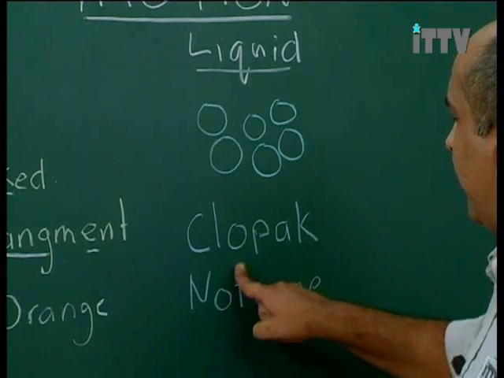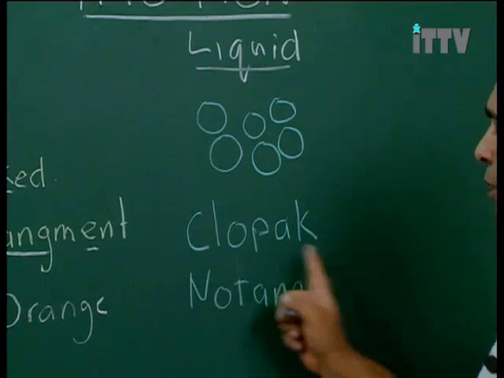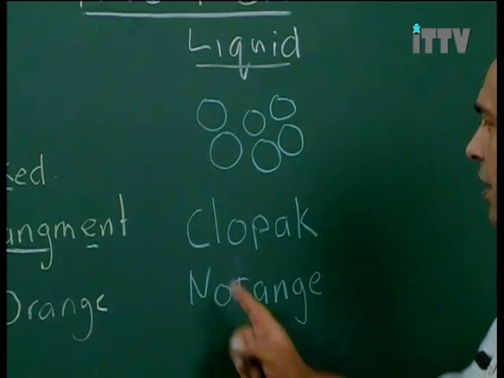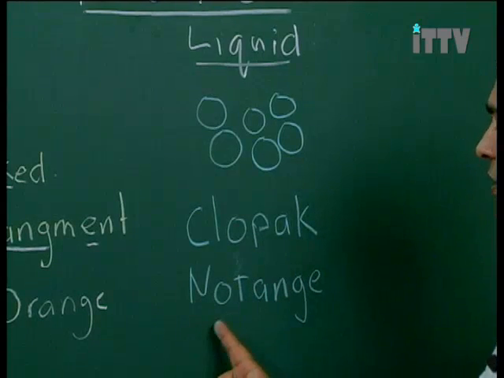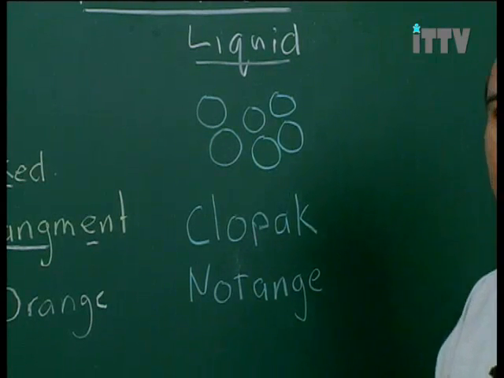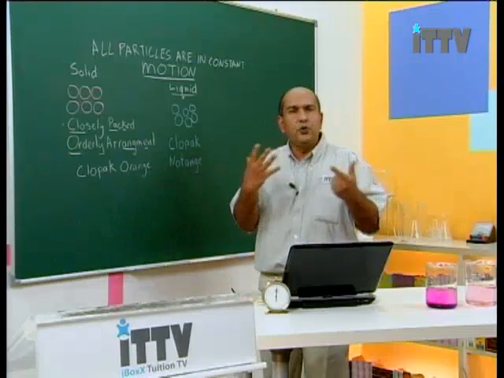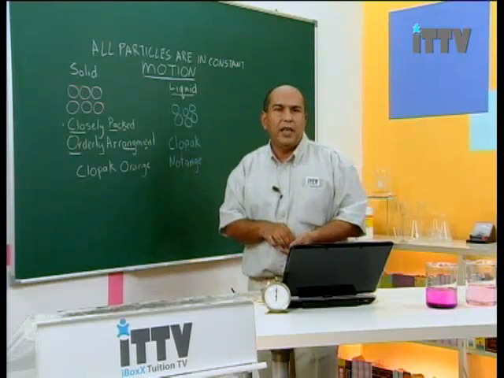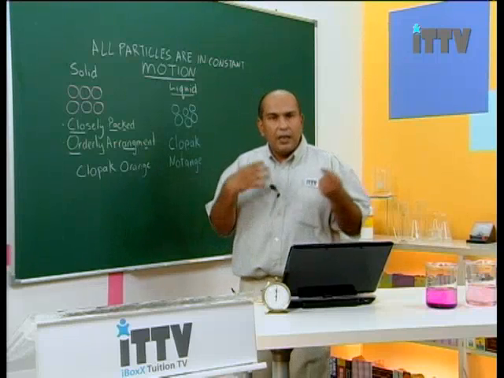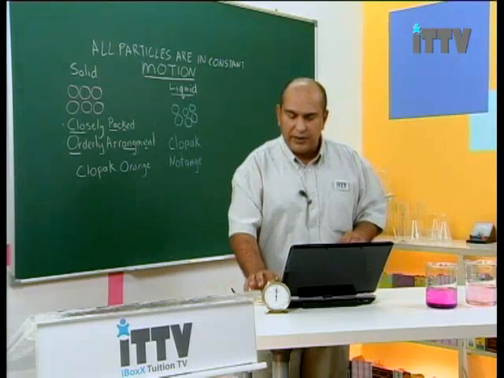Okay, sorry about the R here. So Clopac, orange. Clopac, closely packed, orange, not orderly arrangement. And by using this mnemonic, 2 words, very easy for you to understand the basic idea of solid and liquid structure. Let's move on to the other key points of liquids.